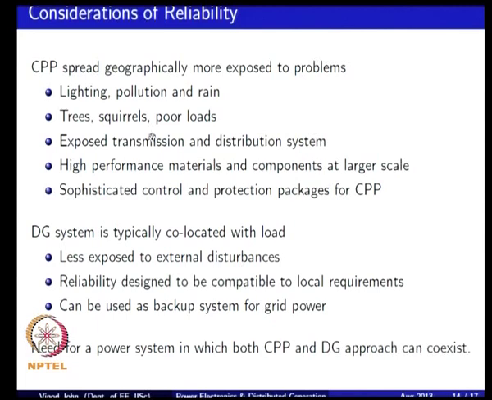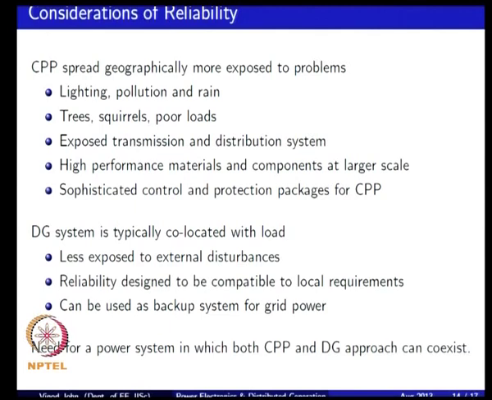And so, your transmission and distribution system traditionally is more exposed to problems, but on the flip side you can make use of higher performance materials and components on a larger scale. You can have more sophisticated control and protection packages in the centralized system, where it may be justified based on economies of scale, whereas DG systems are typically co-located with the load, which means that they are less exposed to external disturbances.